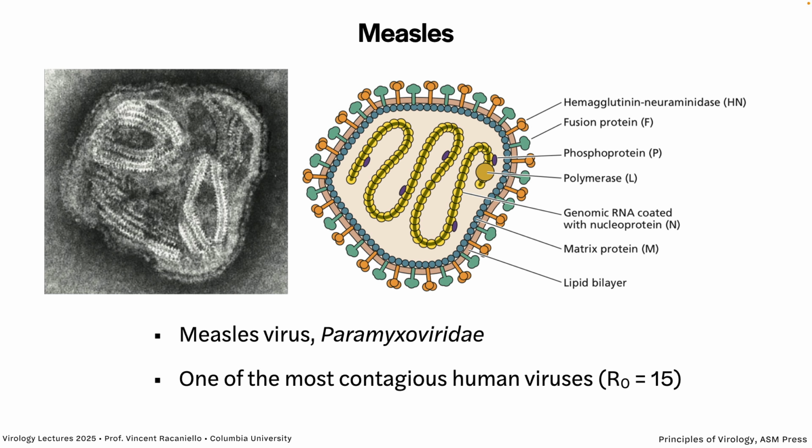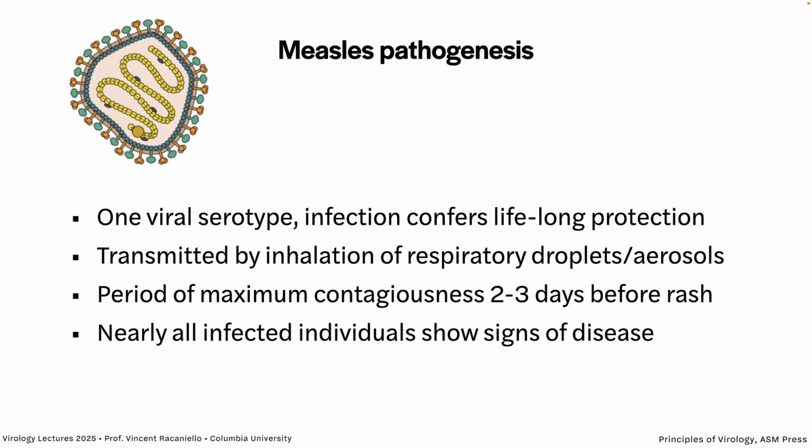It's that transmissible. But I don't. I had it as a kid. I'm good. There's one serotype of measles. It doesn't change. And infection confers lifelong protection, transmitted by respiratory droplets like influenza virus.